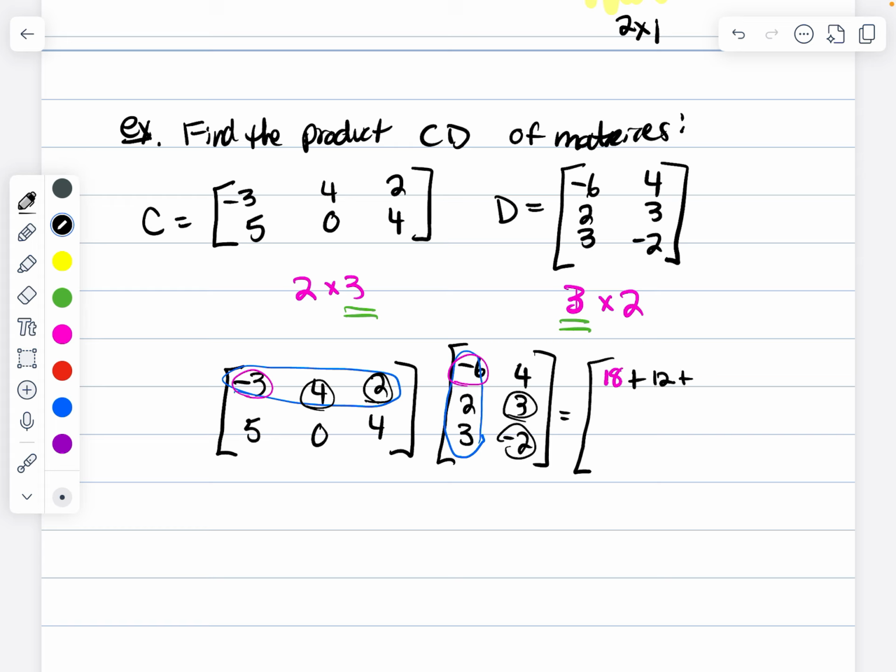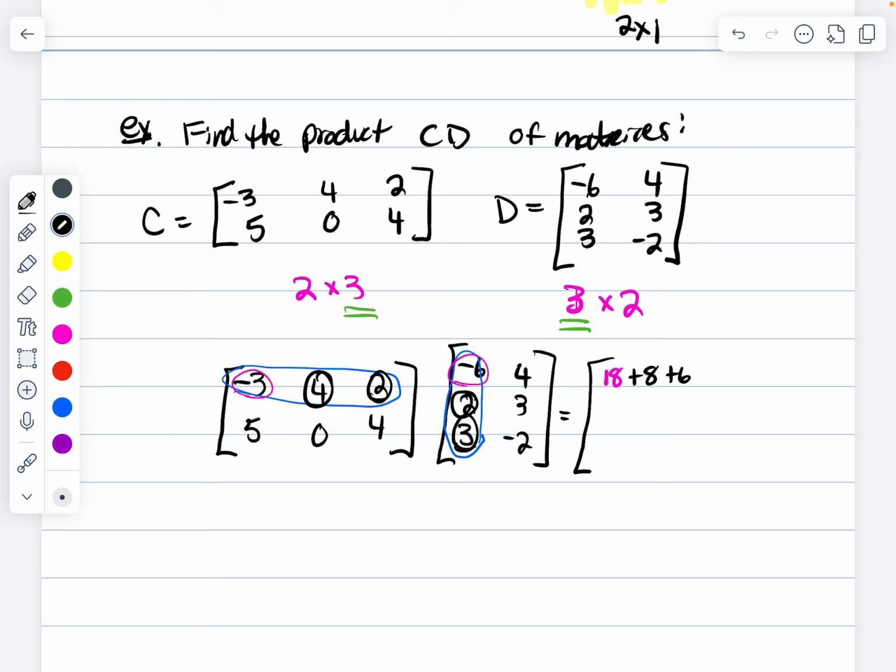Plus then 4 times 3, which is 12. Plus 2 times, oh shoot, I'm on the wrong one. Sorry, people. I might have got you confused. I apologize. But what happens is we're going to take 4 times 2, which gives us 8. And then we're going to take 2 times 3, which gives us 6. And we're done with that particular part.